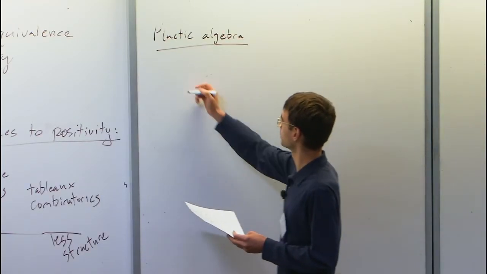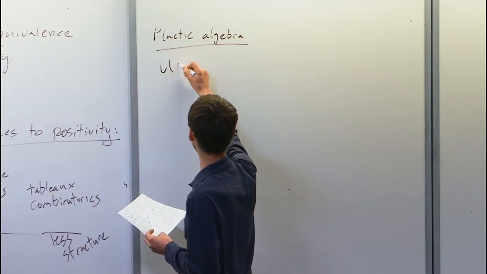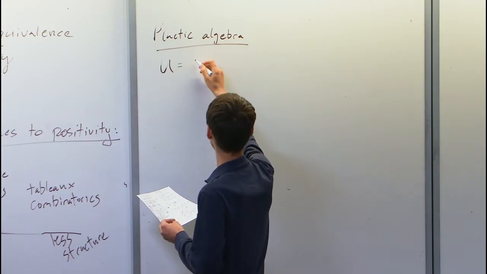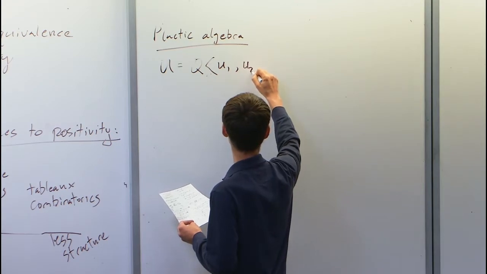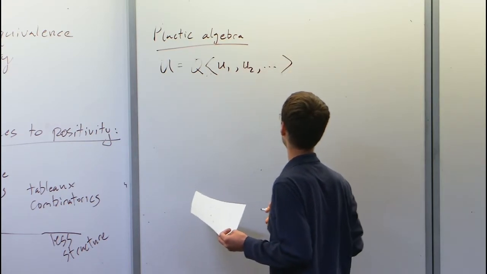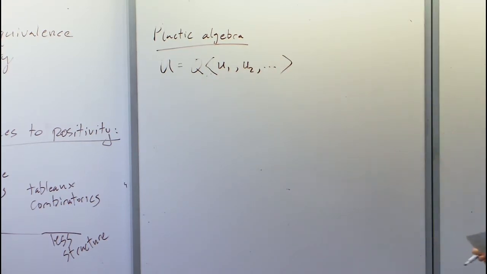All right, so we'll let U be the free non-commutative algebra in generators U1, U2, and so on.